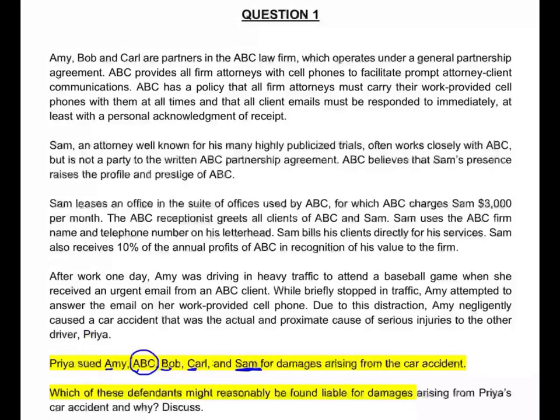So I think we have a partnership fact pattern. Let's go to the facts to make sure we're right. It says Amy, Bob, and Carl are partners in the ABC law firm, which operates under a general partnership. There you go. It really is a partnership fact pattern.